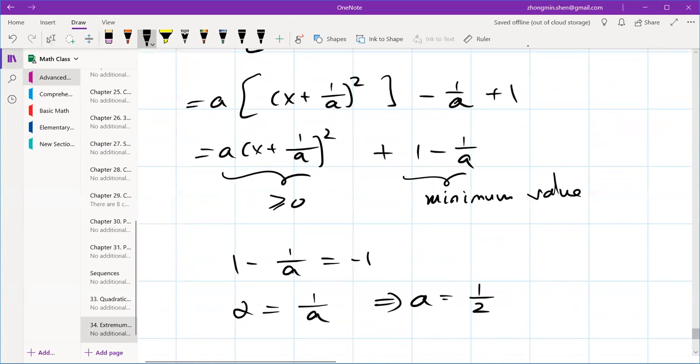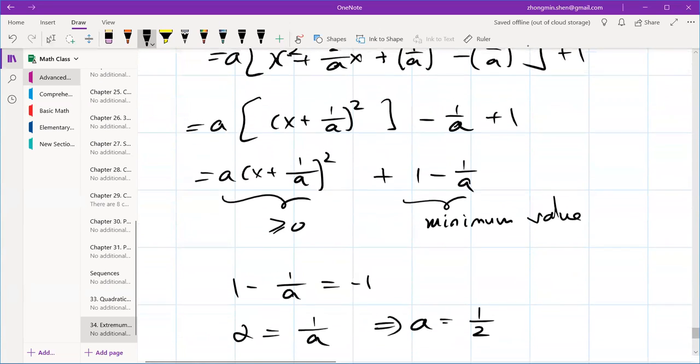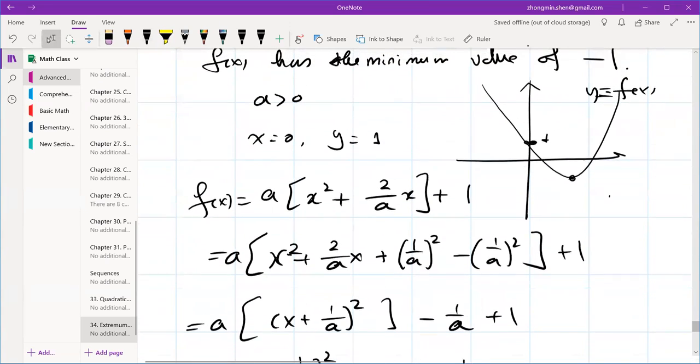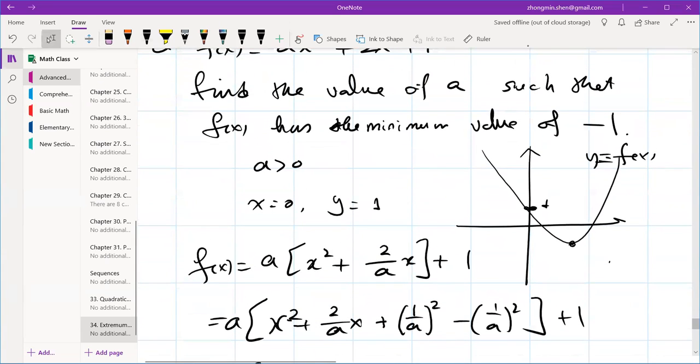It's positive. It could be no solutions. The reason is that if a is negative, and this graph shows you that a is negative, if I change it to the maximum value, then the maximum -1 will never be reached, because if it opens downward, the maximum should be greater than 1.